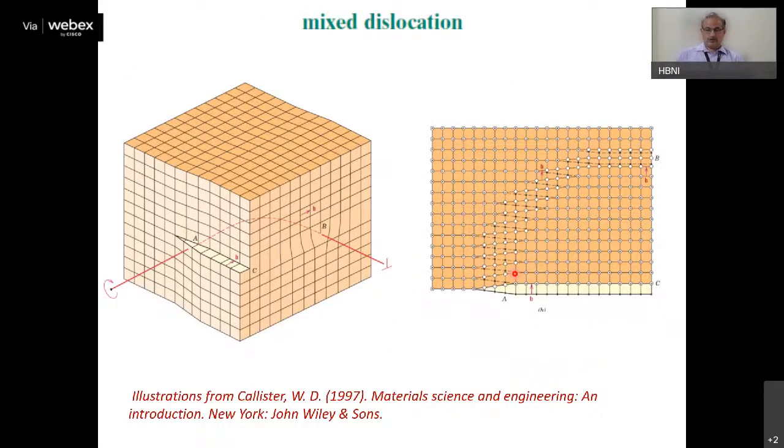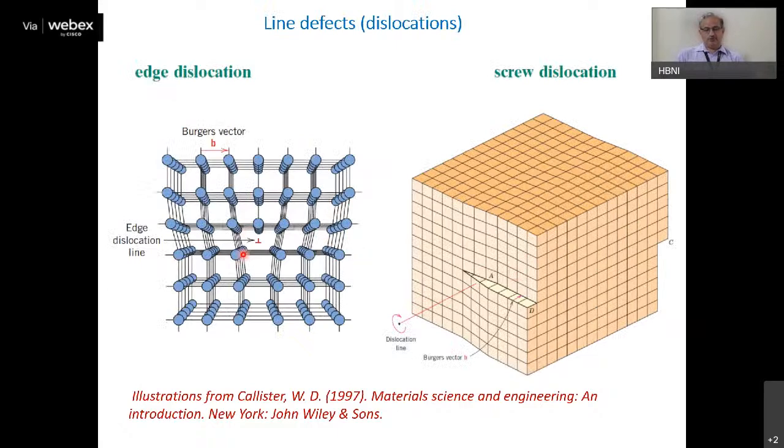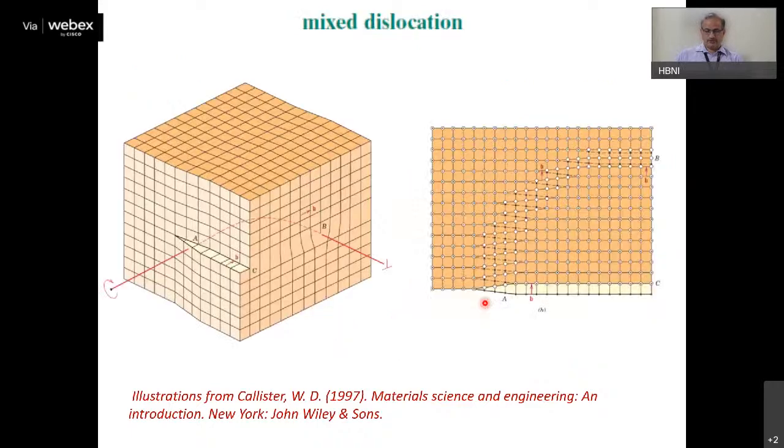So it is not always that there are only pure edge or screw dislocations. There could be mixed dislocation, which basically corresponds to both edge and screw dislocation. For example, in this illustration, if you enter from this side, this shows there is a screw dislocation.